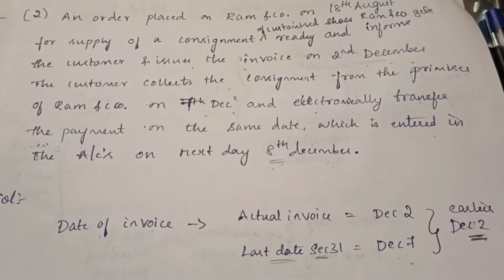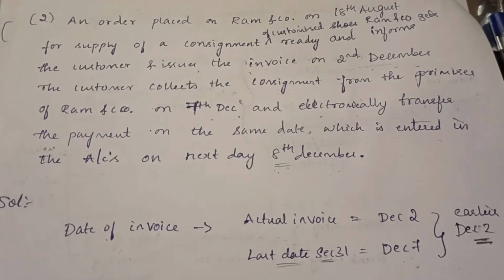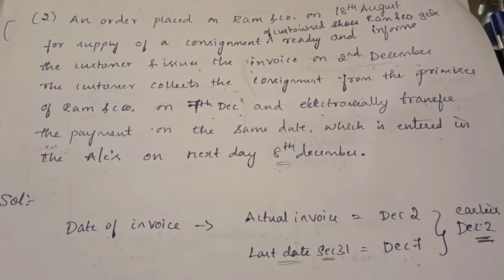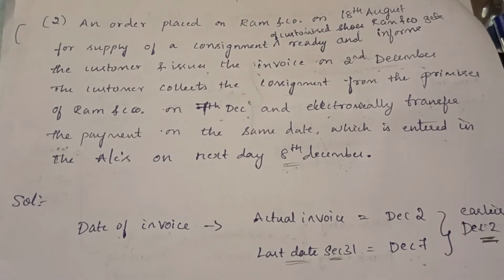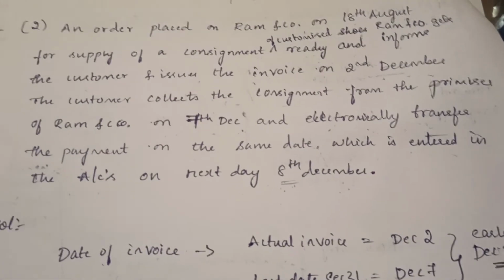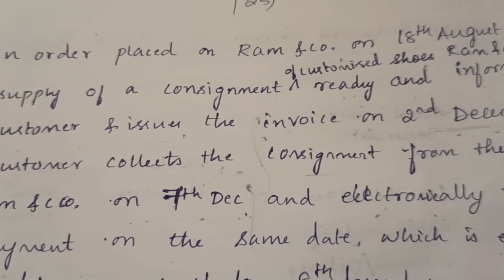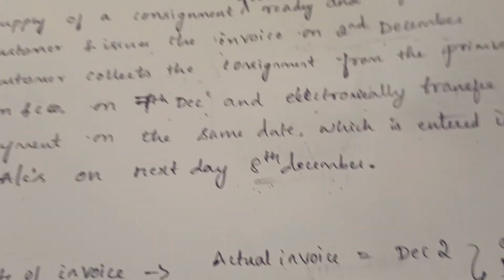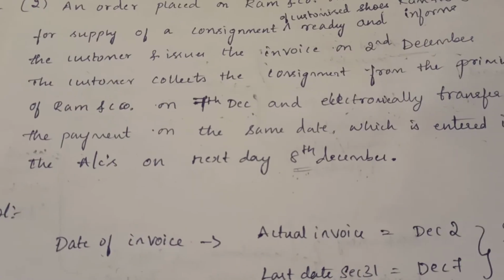To calculate time of supply under forward charge, we need to know the date of issue of invoice and the date of payment. To calculate the date of invoice, we have to know the actual invoice date and the last date under Section 31.